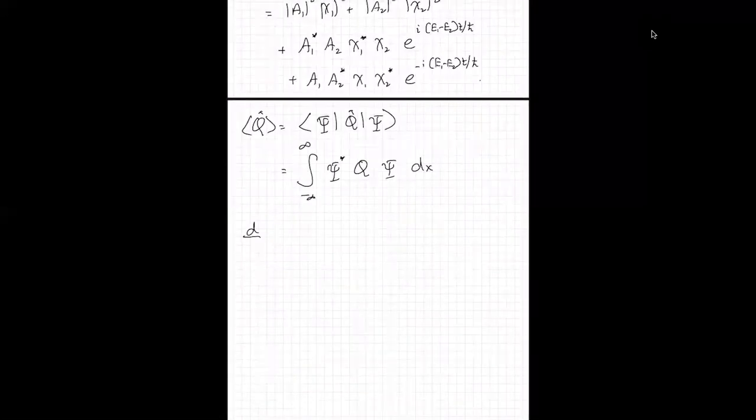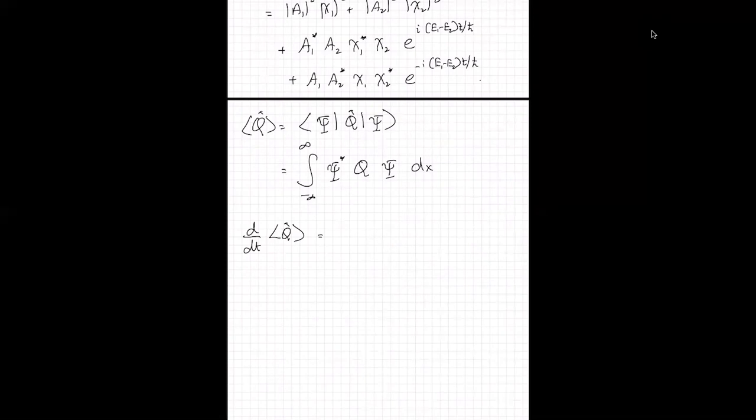Let us calculate d/dt of the expectation value of q. Now I'll apply the chain rule. Psi star is time dependent, q is in general time dependent, and psi is also time dependent.